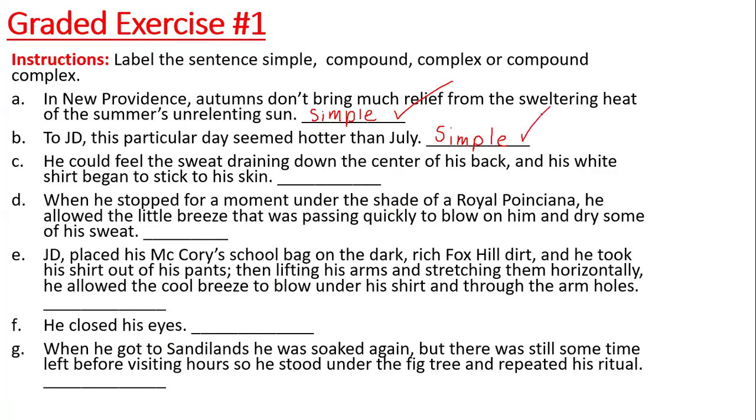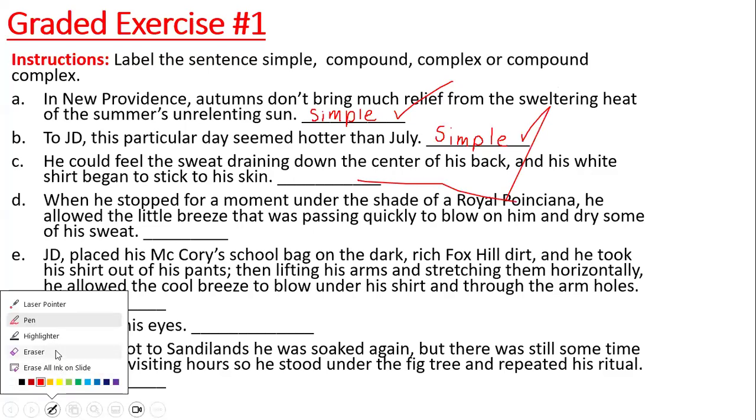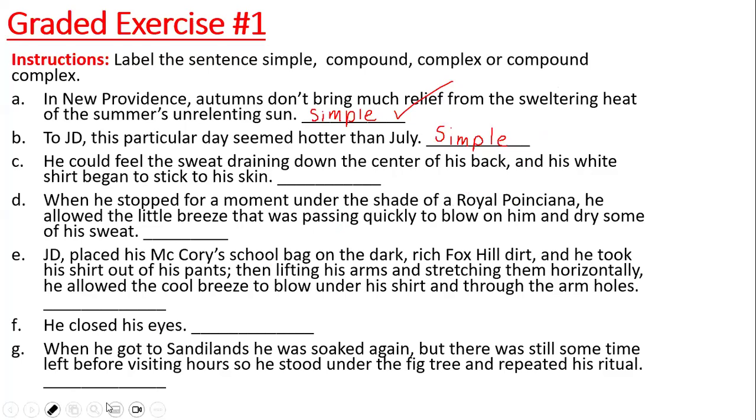And C, he could feel the sweat draining down the center of his back, and his white shirt began to stick to his skin. Compound, definitely compound. Why compound? That's an independent and a dependent clause.